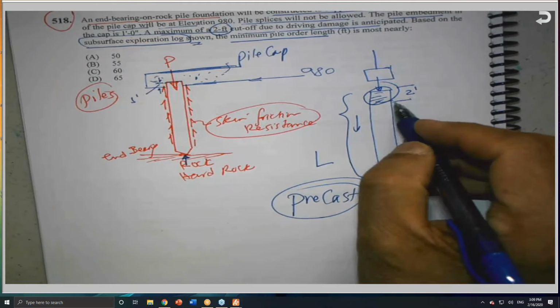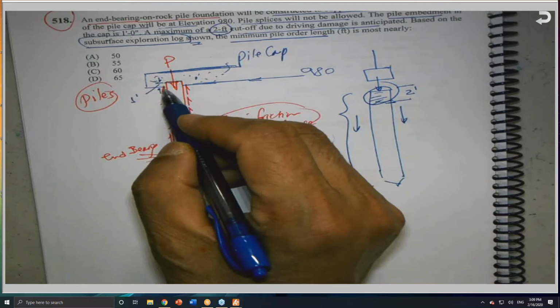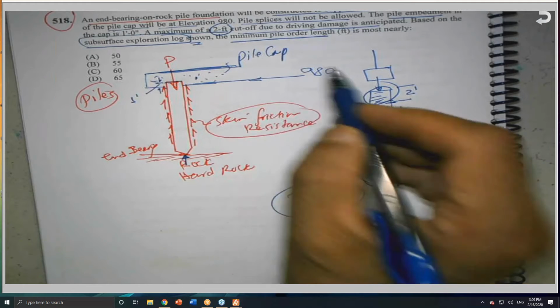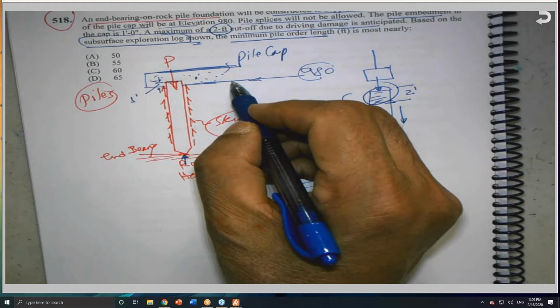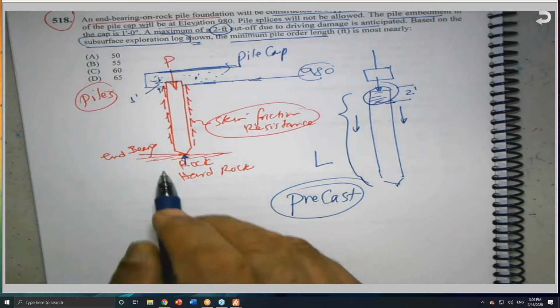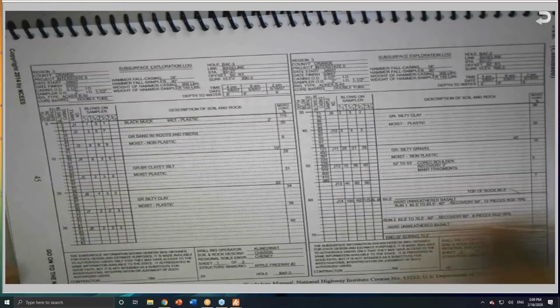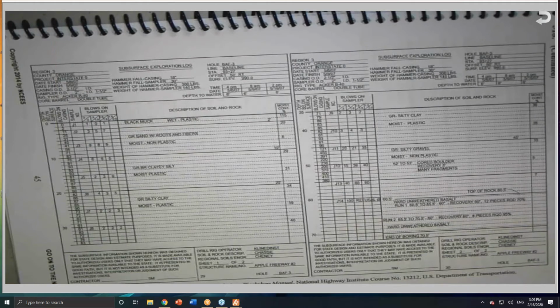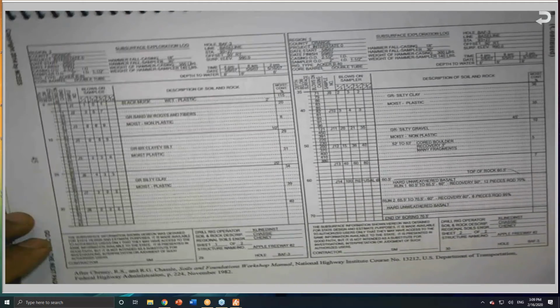So I'm losing 2 feet here and I have 1 foot here, and he gave me the elevation of the bottom of the pile cap. What I'm looking for is in this complicated chart: if you flip the page, you will find this boring log, with a lot of information.